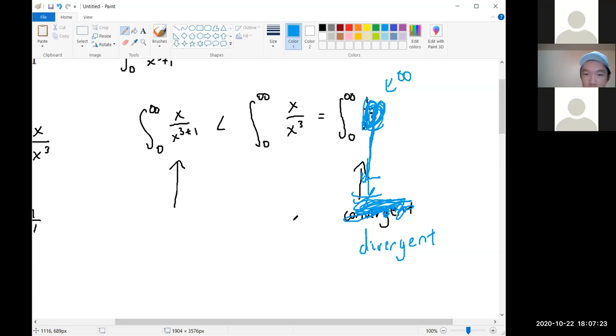So this is really the case where a comparison test would fail. In this case, you would say it's inconclusive, because being less than infinity doesn't guarantee you to be infinity or not infinity. That would be when the comparison test fails.